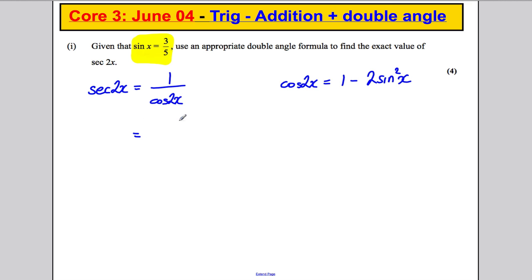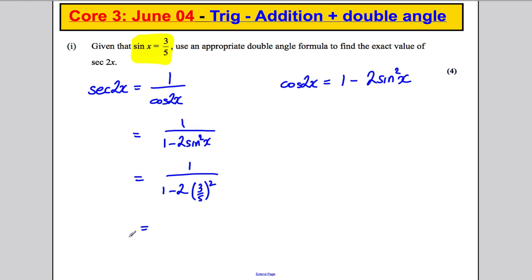So sec 2x must be 1 over 1 minus 2 sine squared x, which is 1 over 1 subtract 2, and then 3/5 squared. Simple as that.